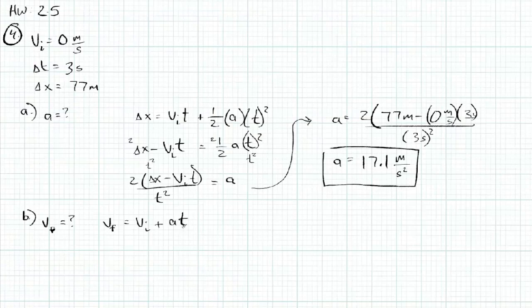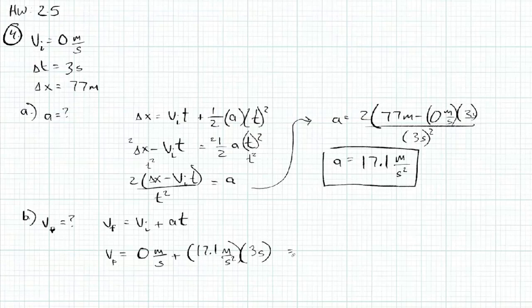Because now we know the acceleration, we knew the time, and we already knew the initial velocity, so now we can solve for v sub f. That equals 0 meters per second plus acceleration, which is 17.1 meters per second squared, times time, which is 3 seconds.